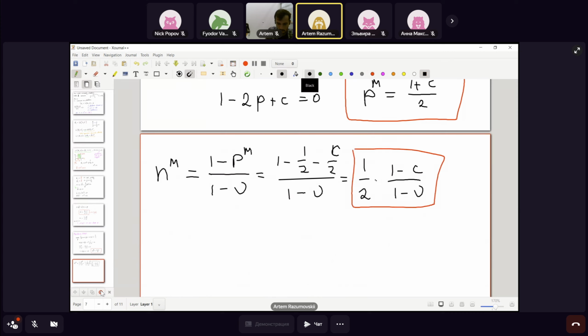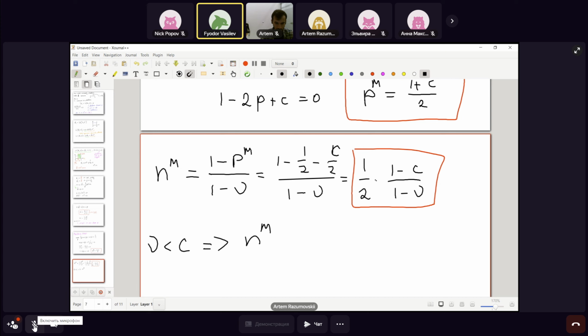That's the second result. And what we know is that C is greater than nu, right? So what we can claim about the monopolist's number of agents who join the platform? It's not Pareto efficient. Well, what does Pareto efficient mean here?